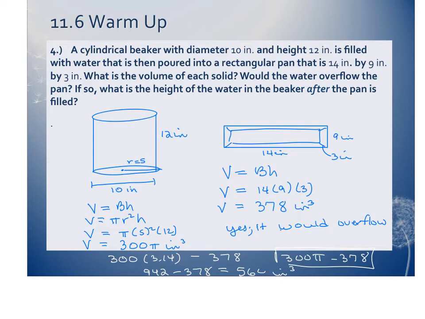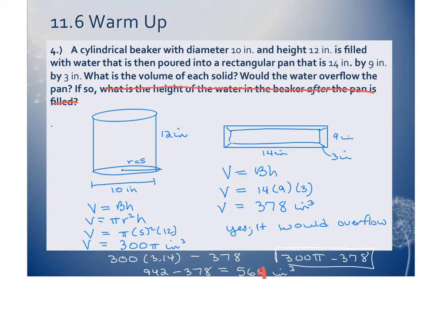They want to know, once you fill that beaker, if you were to pour that beaker into the pan, would it overflow? So in order to figure out would it overflow, and I'm going to change this, I'm not going to ask for the height of the water, I'm just going to ask how much cubic space would be left.